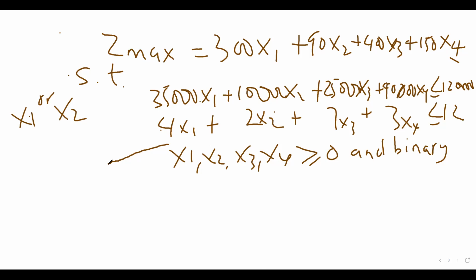And so X1 or X2, one of them must be what? 1. So we're expecting the number 1 somewhere. Now the next thing is or. Or means add. And so it means that we are going to have X1 plus X2.